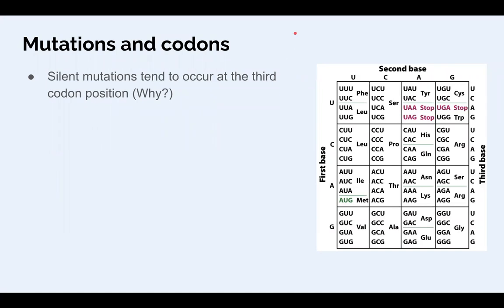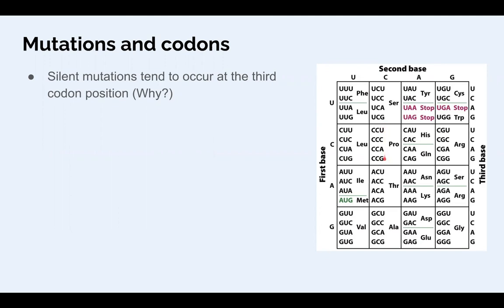Looking at the table, one of the patterns that we observe is that a single nucleotide change at the third codon position tends to result in a silent mutation. Why is that? Well, many of these are blocks of 4 codons that all encode the same amino acid. So if you took any of these codons for leucine, CUU, CUC, CUA, CUG, and swapped out that third nucleotide for some other nucleotide, it would still be a leucine.